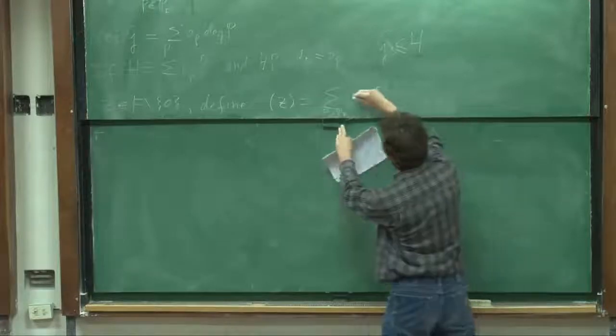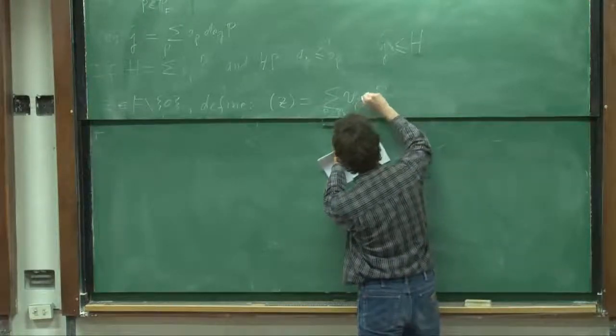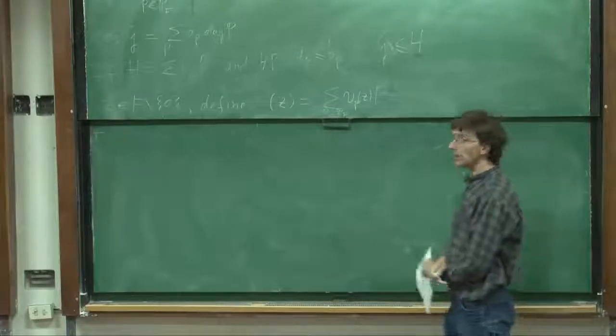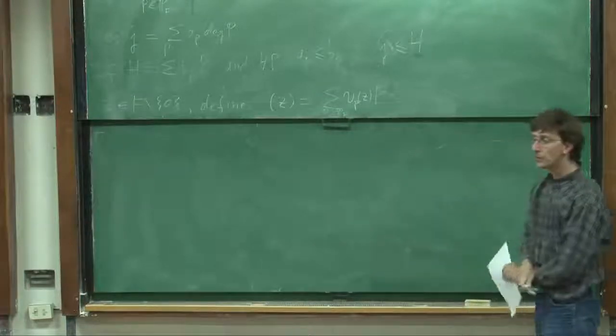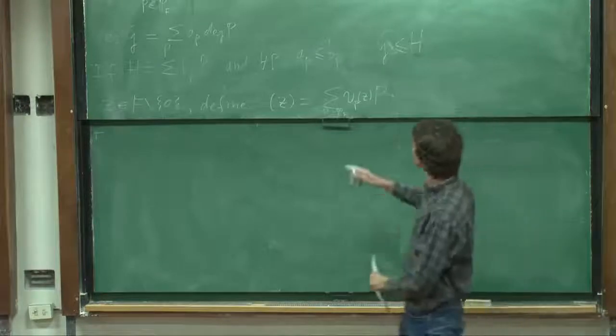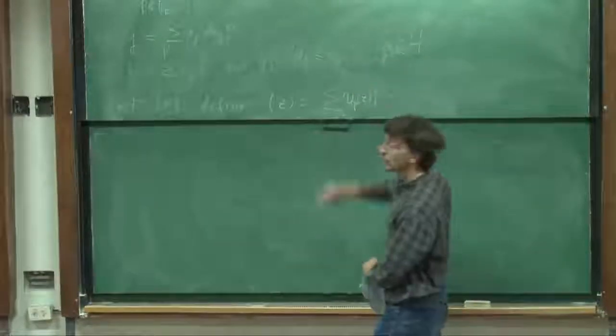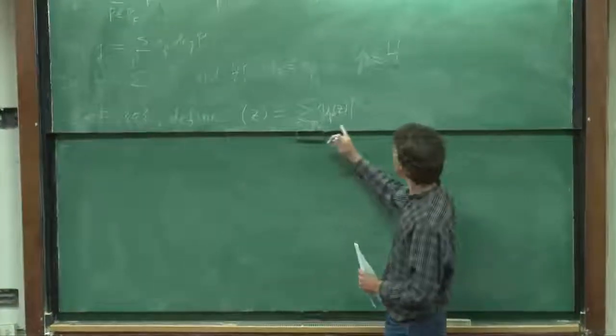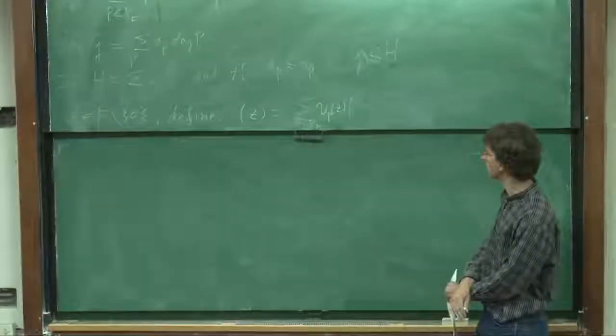And what I'm going to do is take the valuation at P as coefficient. So is this really a divisor? That's not immediately clear, because there was this demand that a_P is zero except for finitely many P's, but this is going to be the case.